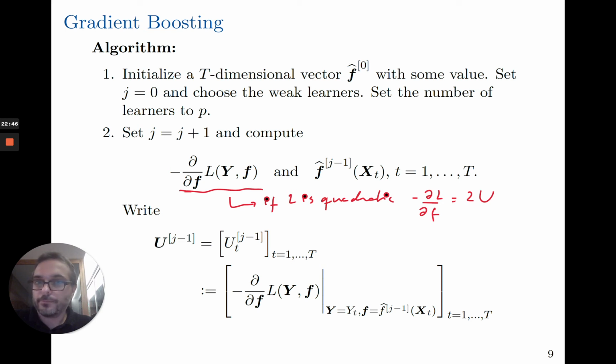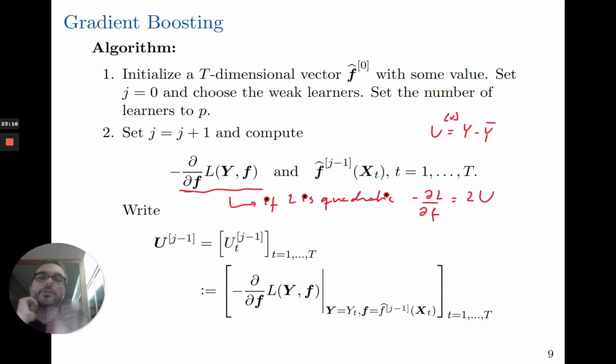That's our loss function. The 2 is innocuous, you can just skip it. So the gradient will be the vector of errors. So at iteration 0, it's going to be y minus y hat. So basically we are demeaning the data. That's the first step.